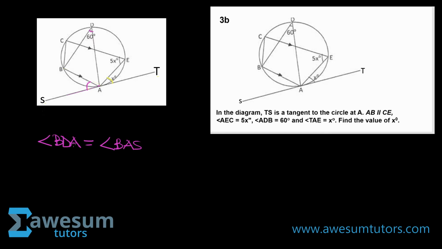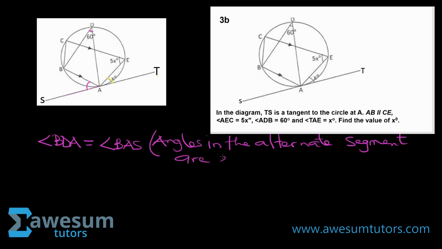So that means angle BDA equals angle BAS. Then you need to put your reason, and the reason is that angles in the alternate segments are equal.